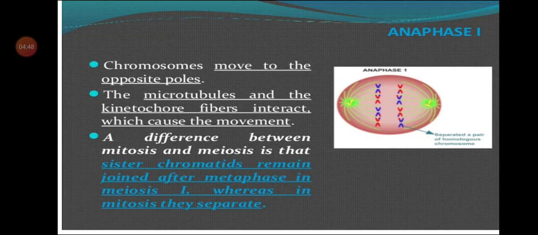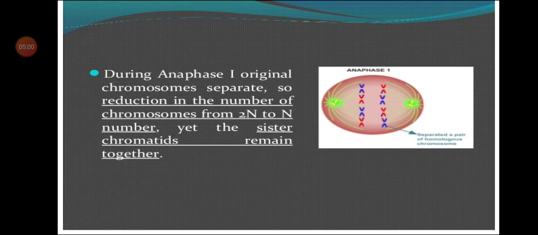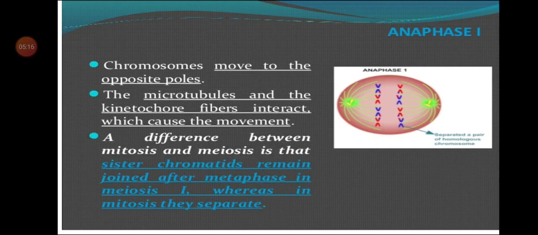A difference between mitosis and meiosis is that sister chromatids remain joined after metaphase in meiosis 1, whereas in mitosis they separate. During anaphase 1, original chromosomes separate, so there is a reduction in the number of chromosomes from 2n to n, yet the sister chromatids remain together. I repeat, it is also a very simple phase.